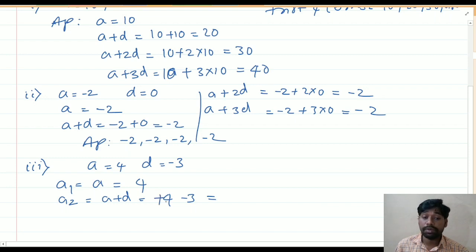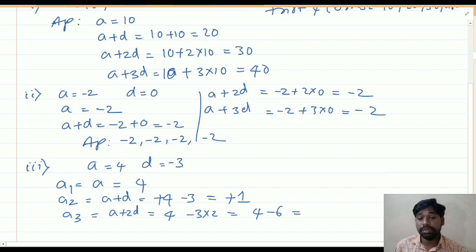So 4 having a plus sign, 4 minus 3 is plus 1. a3 is a plus 2d, which is 4 minus 3 into 2, which equals 4 minus 6, which is a negative integer bigger than the positive integer. So minus will come. 6 minus 4 is 2.